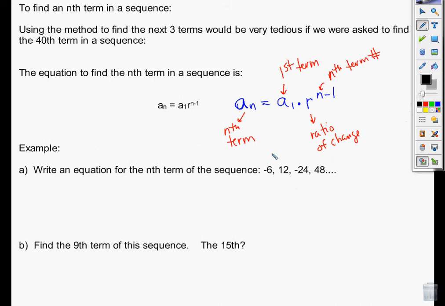Okay. So how do we use this? All right. We have this sequence: -6, +12, -24, +48. Can you see what I'm multiplying by every time?